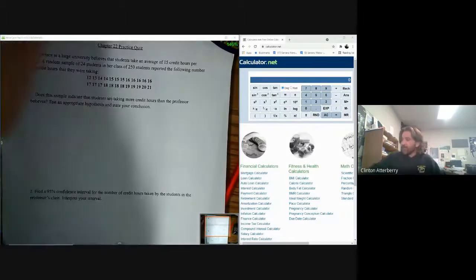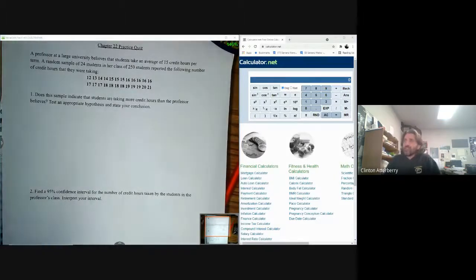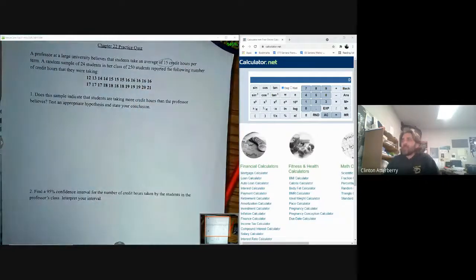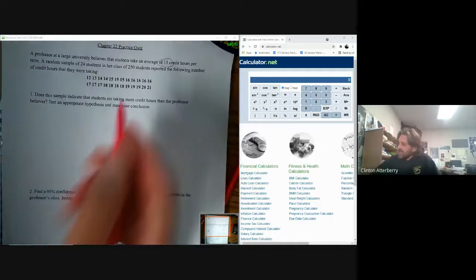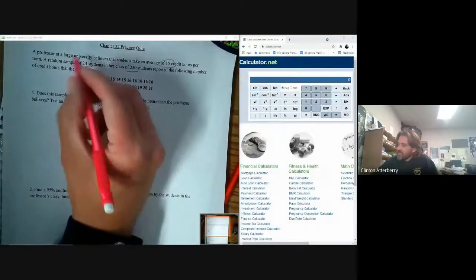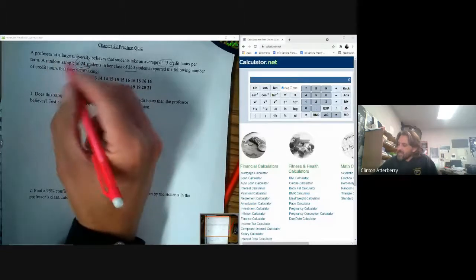So let's begin. A professor at a large university believes that students take an average of 15 credit hours per term. Okay, that might be important. A random sample of 24 students in our class of 250 students reported the following number of credit hours they were taking. So I see the numbers 24 and 250. 24 seems like the actual sample size, right? n equals 24.